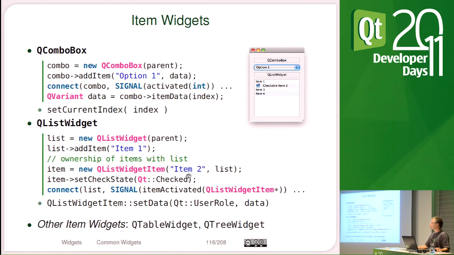And then we can attach some data to it. We can say the second item has some additional data. So we can pack everything in a variant and set the data for a specific row to this item.